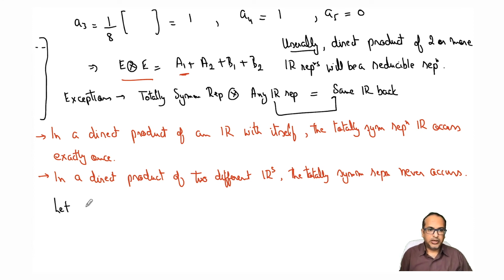So let's try to prove it. Let tau i be an IR of a group of order h.